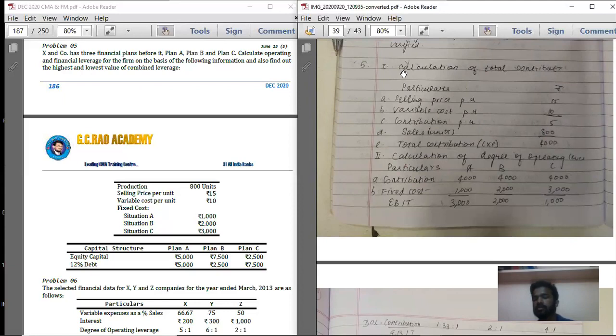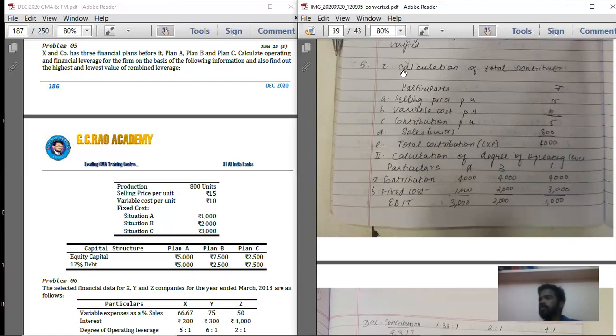Below that contribution, small b, fixed cost. What is the fixed cost under the 3 situations? 1,000, 2,000, and 3,000. Under A, 1,000 within bracket, under B, 2,000 within bracket, and under C, 3,000 within bracket.